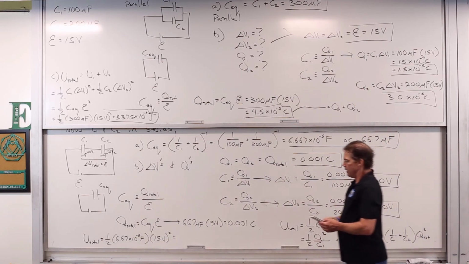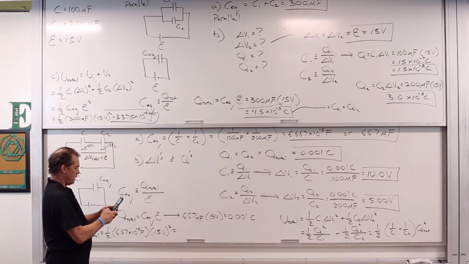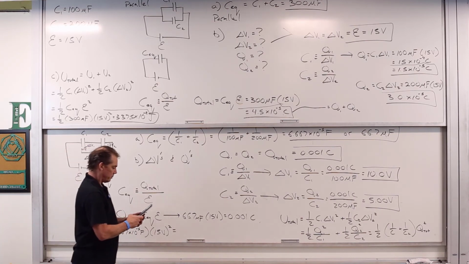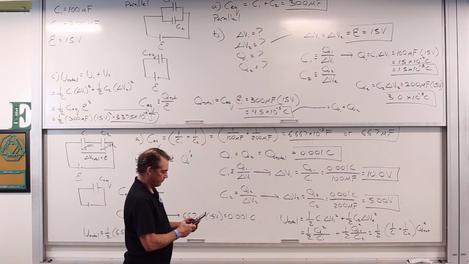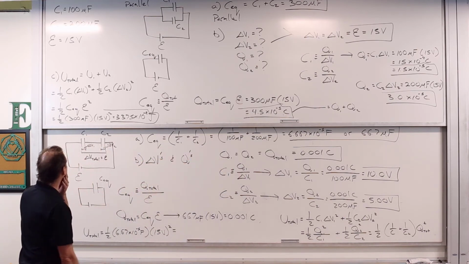Anyways, go ahead and compute this out. We've got 0.5 times 6.667 times 10 to the -5 times 15 squared. 0.00750.